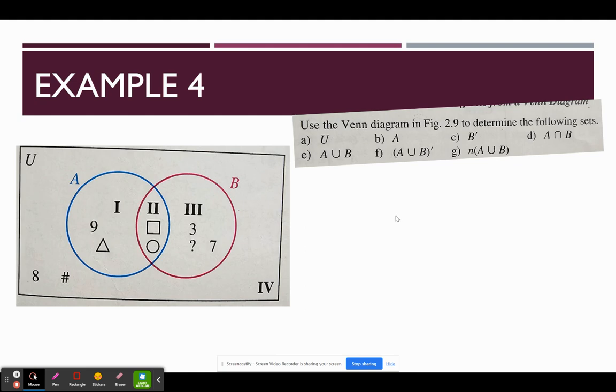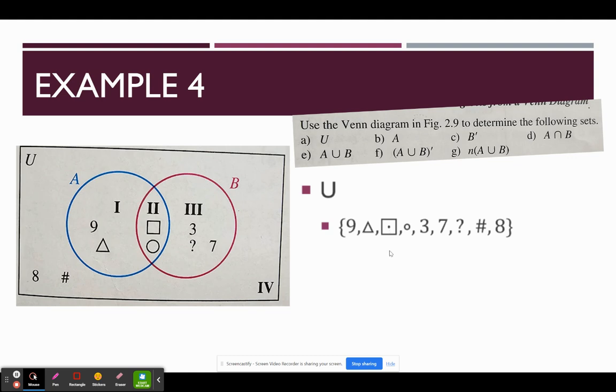This is example number 4. I wasn't able to recreate this very well, so I just did some quick pictures. But using the Venn diagram in 2.9, determine the following sets. So the U for this is going to be all the stuff. We've got 9, the triangle, the square, the circle, the 3, the 7, the question mark, the hashtag, the 8, all that stuff.